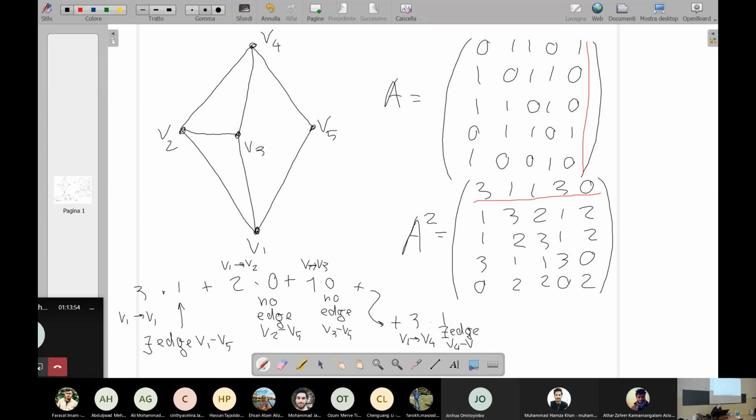And finally, I have 0 2 walks from V1 to V5, okay? And so 0, no 2 walks.